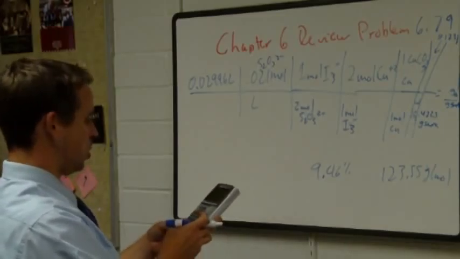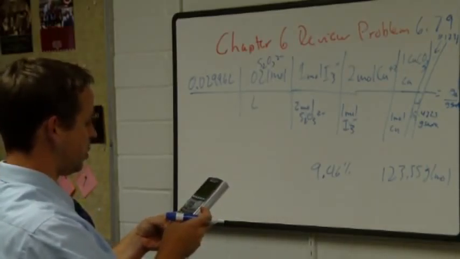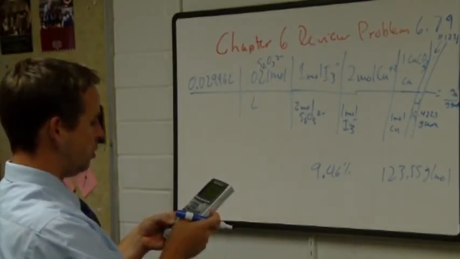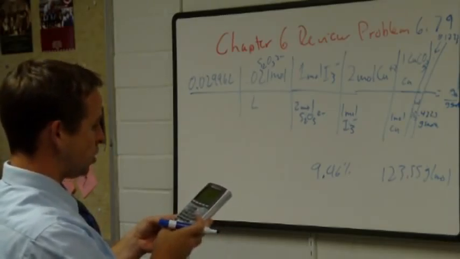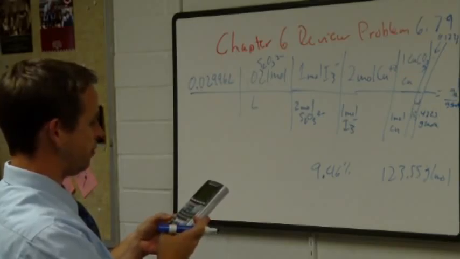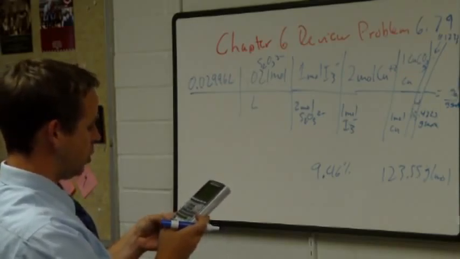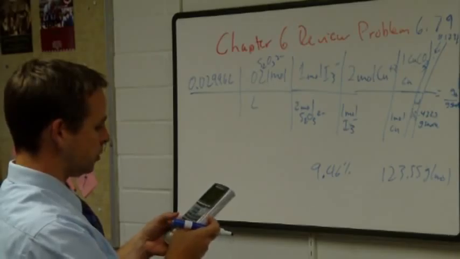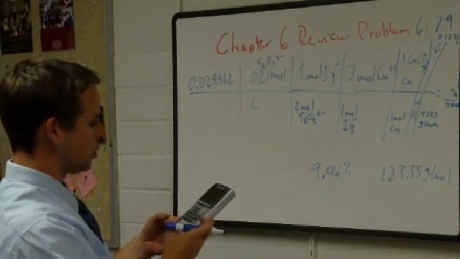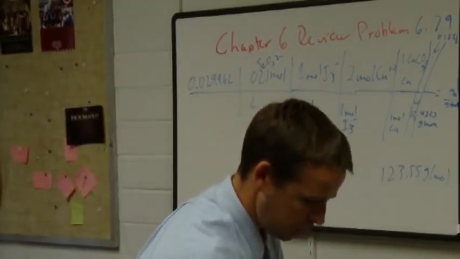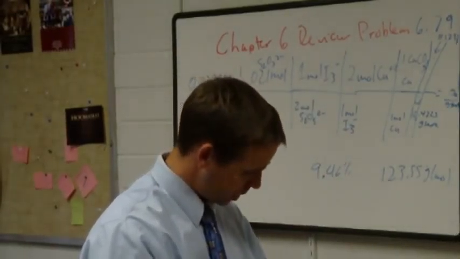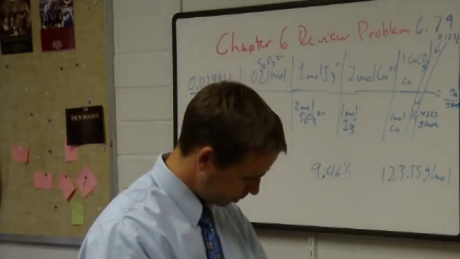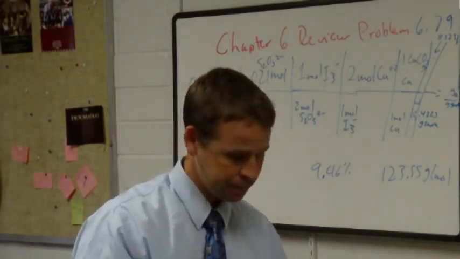So if we take 0.02996 times 0.021 divided by 2 times 2 times 123.55 divided by 0.4225 times 100, and I'm getting 18.40%. Yeah. All right, good.